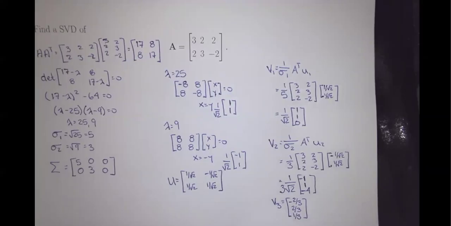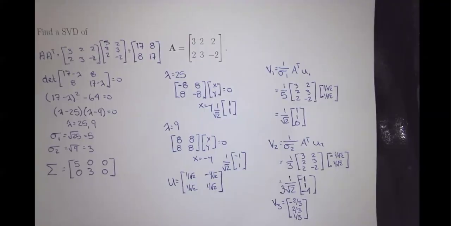Okay, and conveniently, that's unit length. If we use this, that'll give us a third unit vector, and we can see that it's orthogonal to both of our first two vectors.